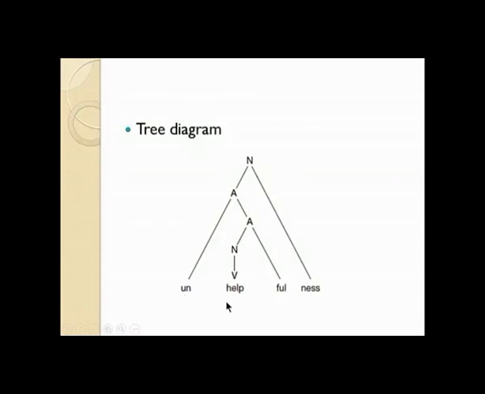So in creating a tree diagram, you still need to predict which one is the head. Without knowing the head, you could not make the tree diagram of the word itself.